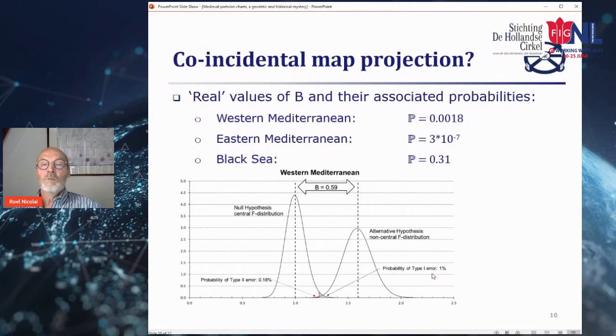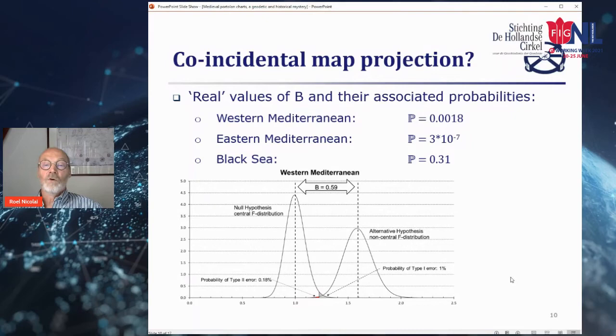These numbers need to be multiplied with one another to get the probability that the map projection would be coincidental in the entire Mediterranean and Black Sea. The actual relationship of the two error distributions for the Western Mediterranean network are shown by the graph. And that demonstrates that the biased MSE values would have a clearly distinguishable, distinct value range here instead of what we would expect here.